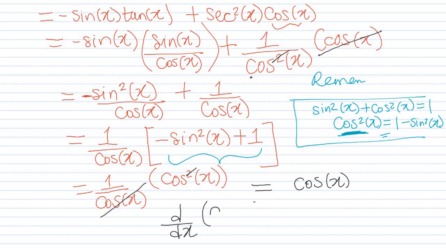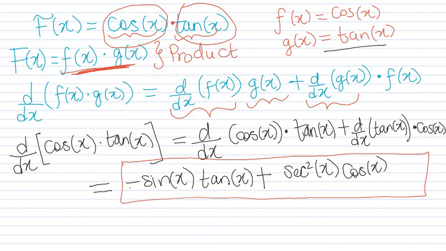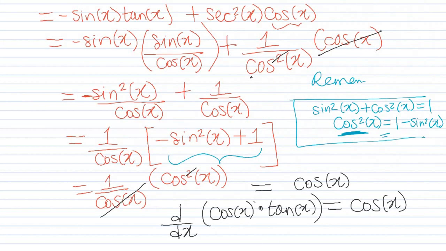So derivative of cosine x, right, multiplied by tan x, we see that that's going to give us cosine x. So even though, if we go to the previous page, this answer here that we have in this red box that I'm double shading, this is correct. Hope you guys know that.